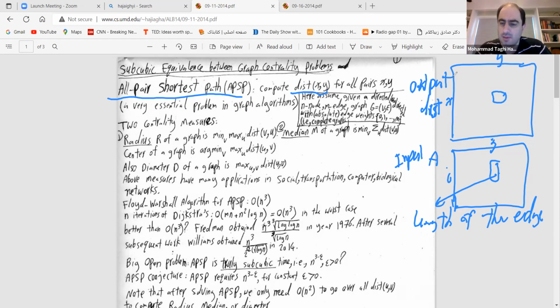You can also consider that the input can be given as the adjacency matrix, or, in the simplest setting, that we have an n node, m edge graph, and the list of edges is given.